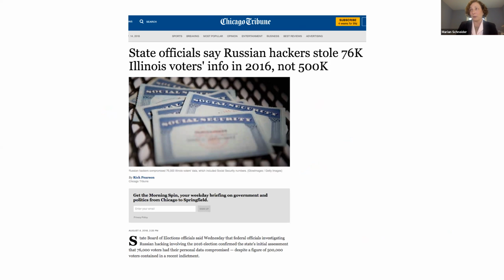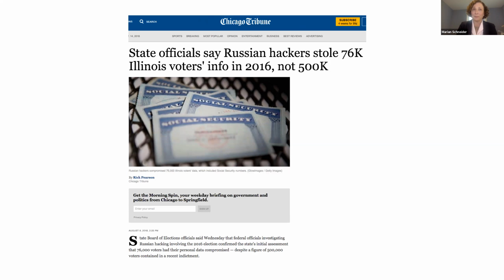For example, throughout, in every election, there are reports of things like this happening. It's very difficult to tell whether that's the result of a hack or an error or something else. But I think that the takeaway here is that we need to understand the root cause of these issues and investigate them so that they can be rectified later.